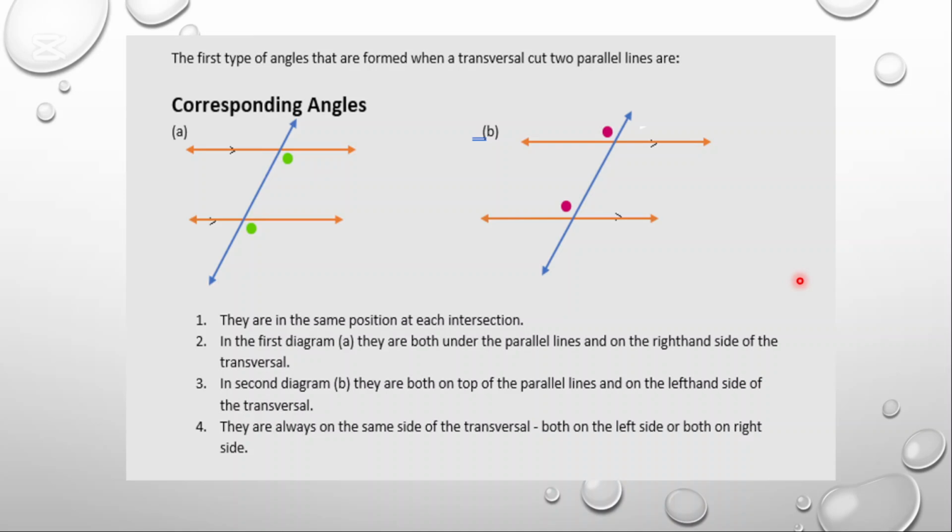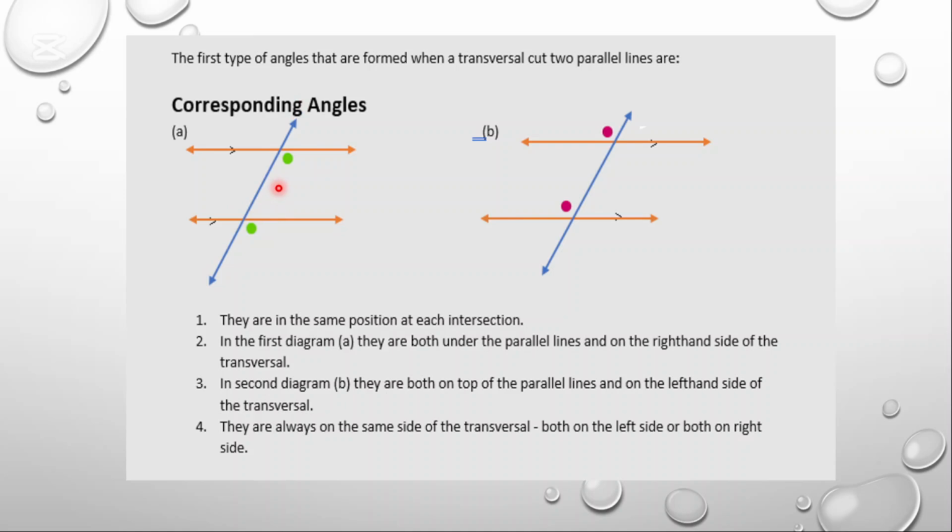So the first type of angles that are formed when a transversal cuts two parallel lines are corresponding angles. Now they are in the same position at each intersection. Watch here. Here we have our two parallel lines. That is our transversal.